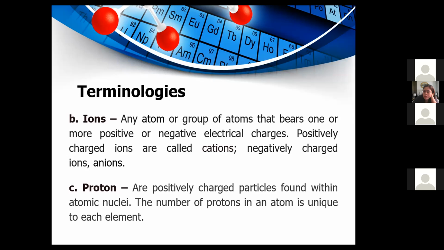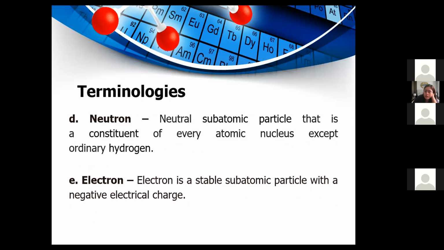Next is proton, or positively charged particles found within the atomic nuclei. The number of protons in an atom is unique to each element. Neutron: a neutral subatomic particle that is a constituent of every atomic nucleus except ordinary hydrogen.